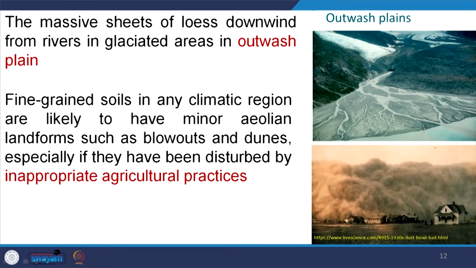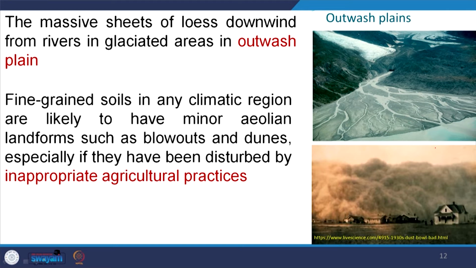There are massive sheets of loess downwind from the rivers in glaciated areas, in the outwash plains that we are discussing so far. Fine-grained soils in any climate region are likely to have minor Aeolian landforms such as blowouts and dunes, especially if they have been disturbed by inappropriate agricultural practice. This is a very important and historical thing to remember.